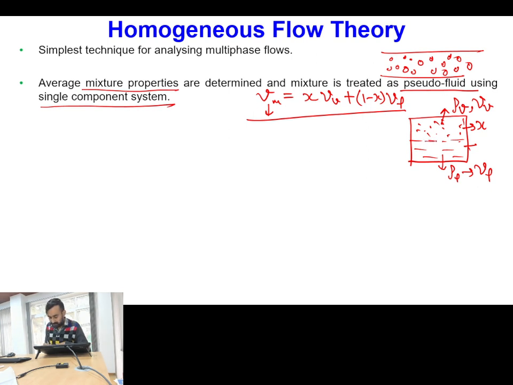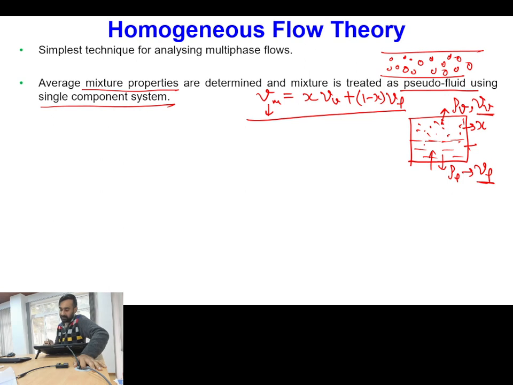If you go below this surface, you get a value equal to mu L. If you go above this, you get a value equal to mu V. So whatever average properties we calculate for the mixture are not shown by real fluid behavior. These are not actual physical properties of the real fluids, but they are numbers which help us in treating the system as a mixture, as a single fluid system.